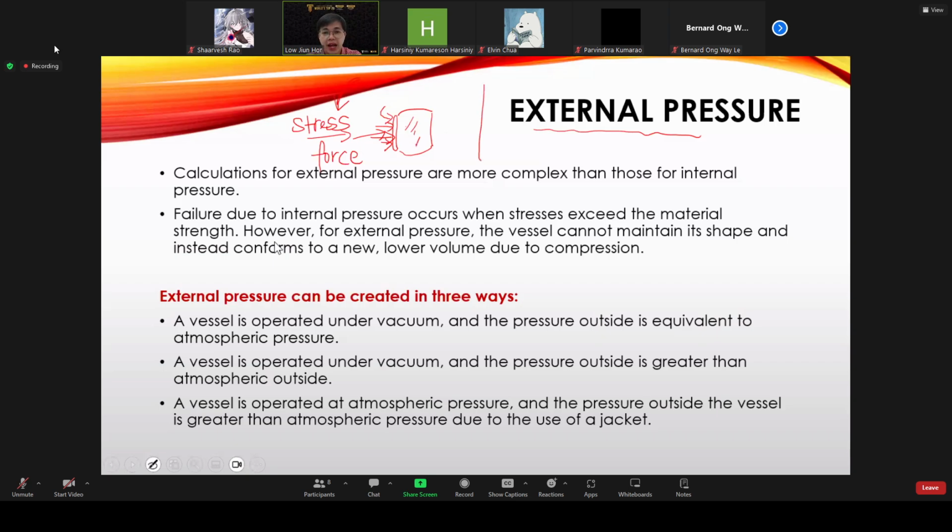Let's say this is your pressure vessel. What will happen is the stress or the force will try to push the outer surface of the pressure vessel. And once the force here is bigger than the pressure or force inside the pressure vessel, you are resulting in the deformation we call buckling.